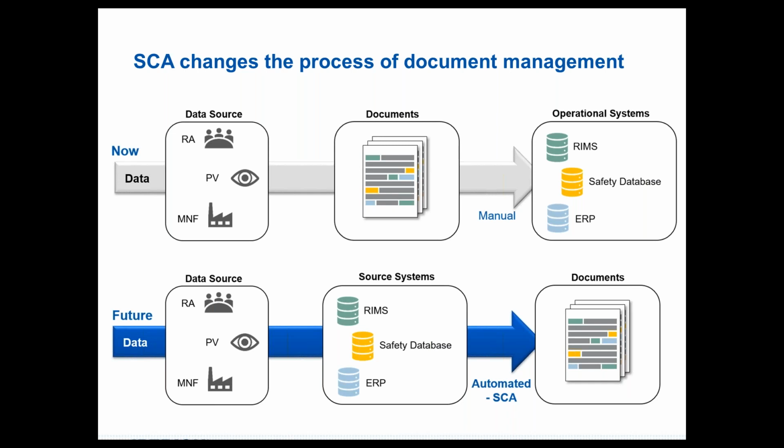The future, of course, could be much more interesting because we do our processes, and in those processes, we basically take data and have it in a source system, which we use in many ways. So for RA, that would typically be a RIMS. For PV, it would typically be the safety database. And manufacturing, amongst others, would use an ERP system, but perhaps also a labeling system. Those systems could populate relevant documents by publishing through structured content authoring.